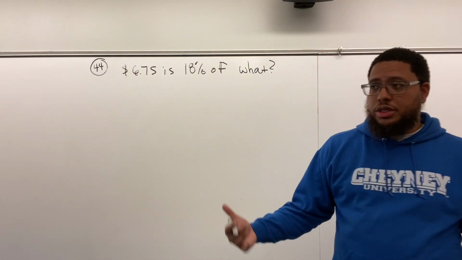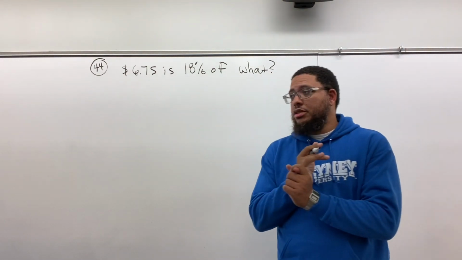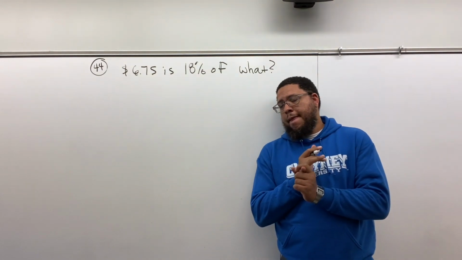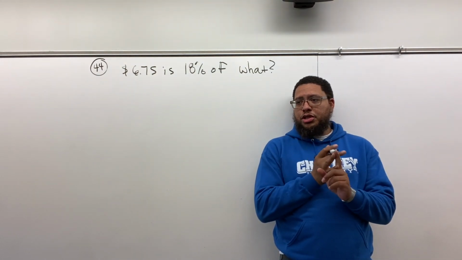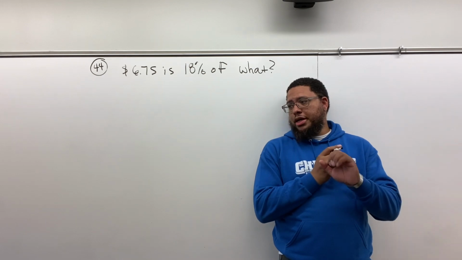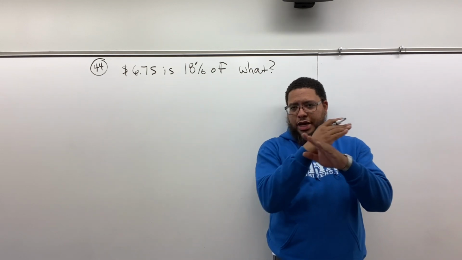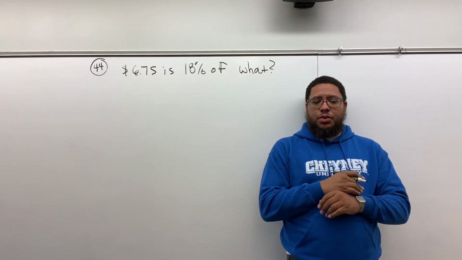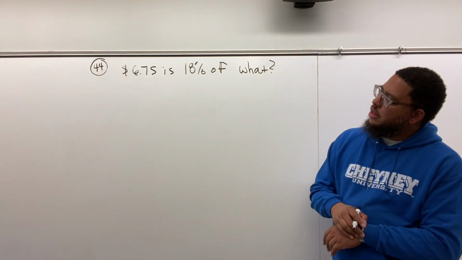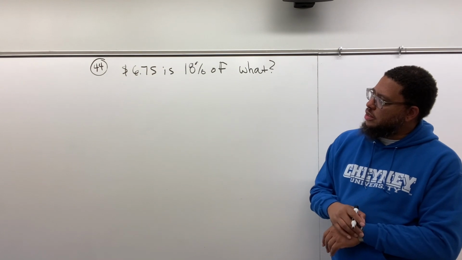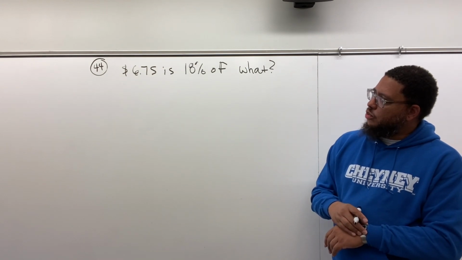And there's a few ways to do this. We could translate it into an equation and then solve the equation. We could set up a proportion, which I call the Malcolm X method, because we got to cross multiply and go in an X formation anyway. Or we could use benchmark percentages. That's a little more involved with this type of question.